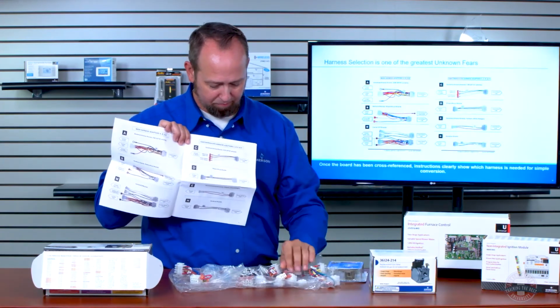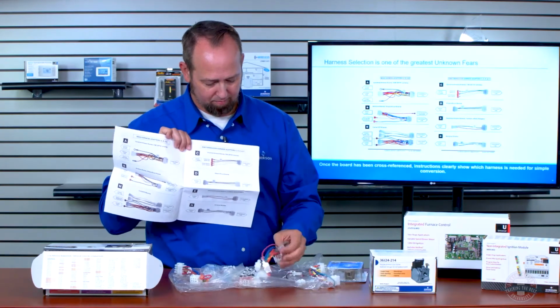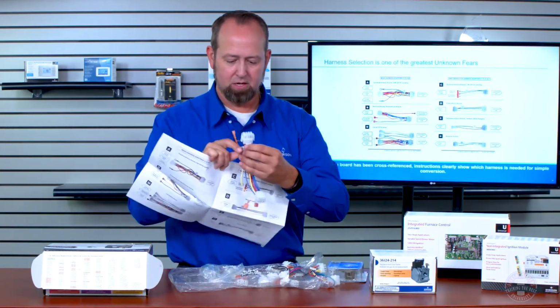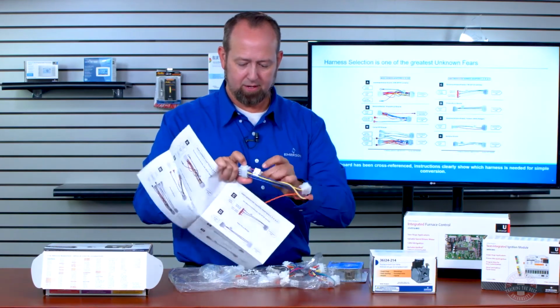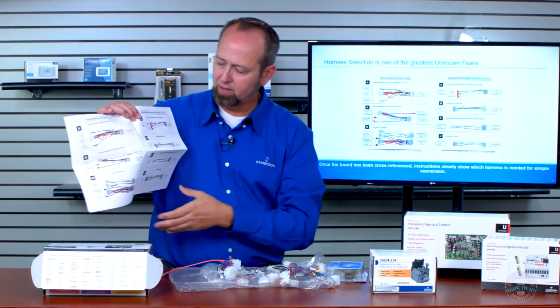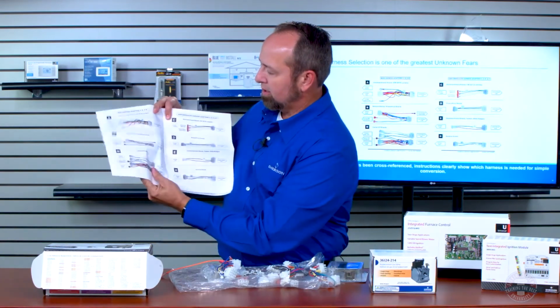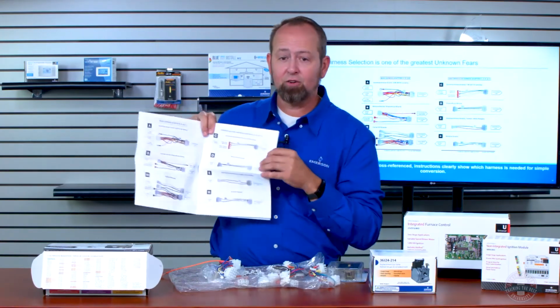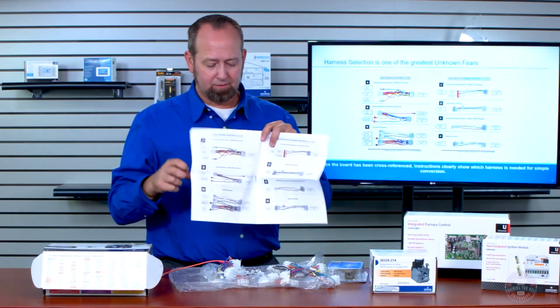Here's E. I see this one has D. I'm trying to find one of these larger ones, here is B, harness B. All I got to do is come over here, harness B. How do I know what I'm connecting to?